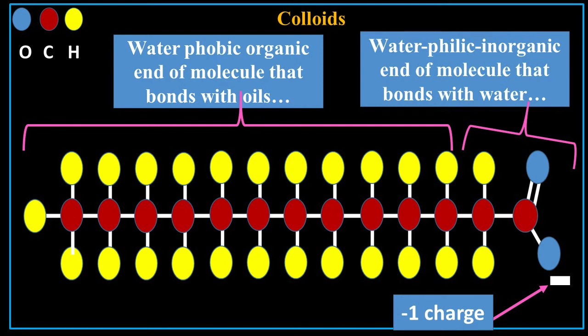And let's start calling, like I said before, the CH end of the molecule on the left, where you have all the hydrogens and carbons, the hydrocarbon end, or better, the organic end. This organic end will dissolve like substances, in very general terms, other organic substances.